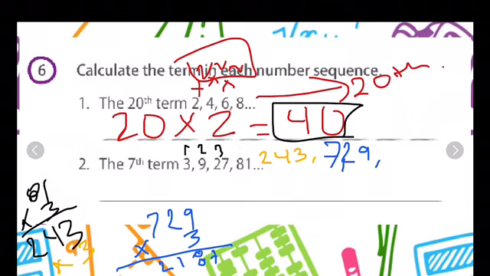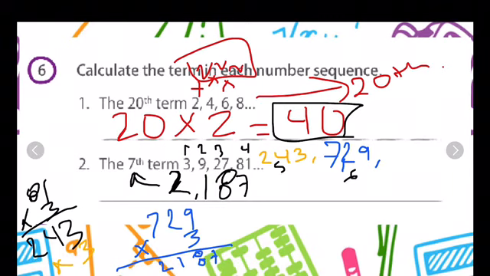Because this is term position 1, 2, 3, 4, 5, 6, and your result will be 2187. That is your 7th term. 2187 is your correct answer. I hope you understand this activity. It's better to multiply in several situations, because with larger numbers you can multiply. Okay, let's continue.